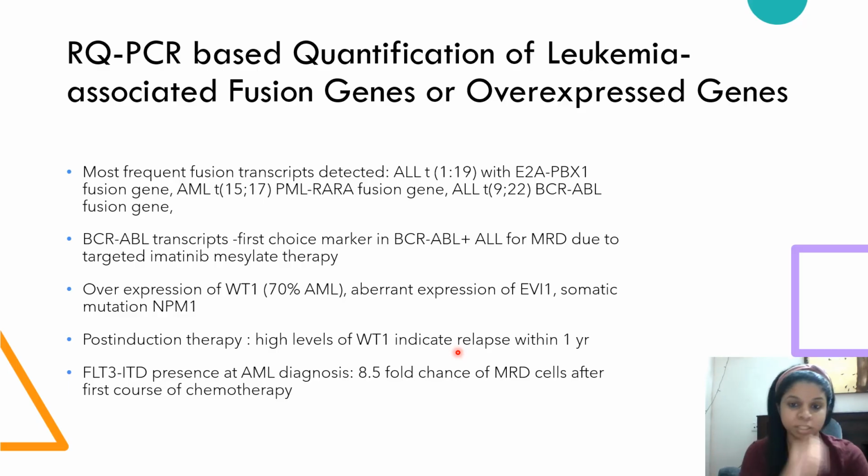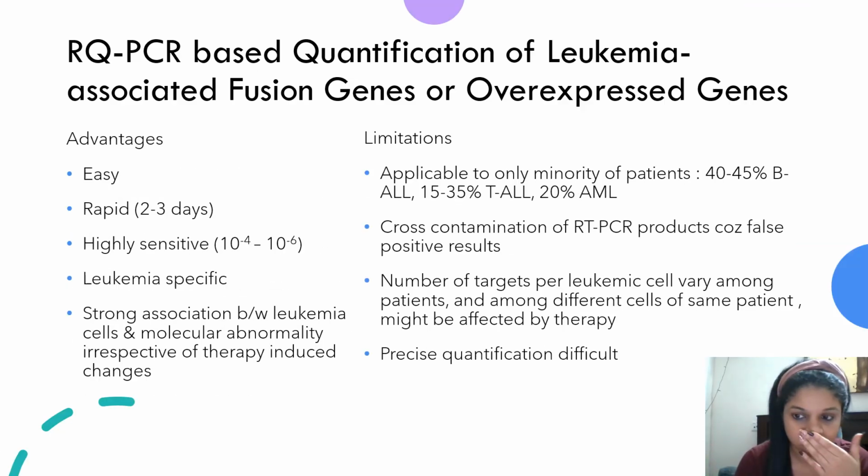And if the patient shows FLT3-ITD presence in AML at the early time of diagnosis itself, then there is an 8.5-fold chance that MRD cells, that is residual leukemic cells, will be present after the first course of chemotherapy. That means the patient has a high chance that they won't go into remission. You will need intense therapy for the patient.